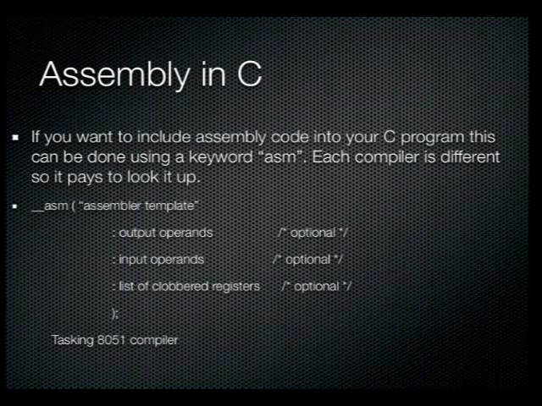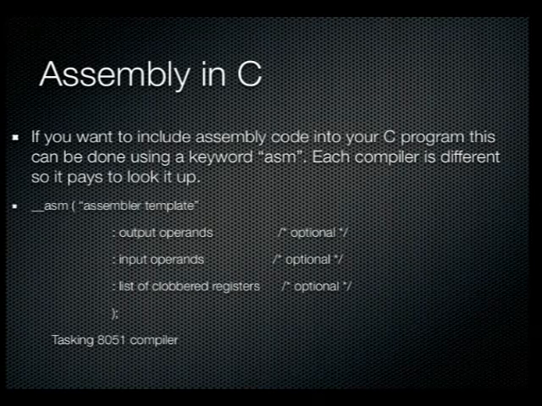Then you can define the output operands, so if that instruction generates some data that you want to get back, what variables you want to pump that data back into in your C code, and the input operands, so which variables provide the input if you're using instructions that require input from the C code.